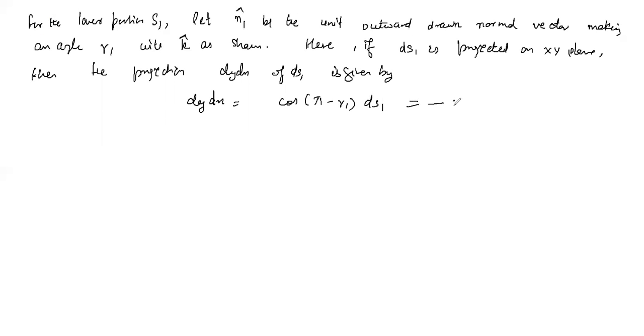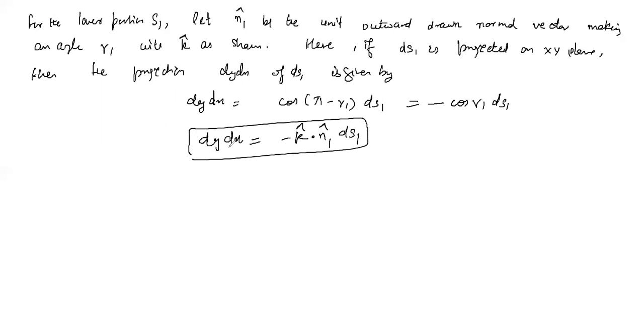So it will be minus of cos gamma 1 into ds1. So by using the formula for projections, we have dy dx is equal to minus k cap dot n1 ds1. Call this equation number 6.